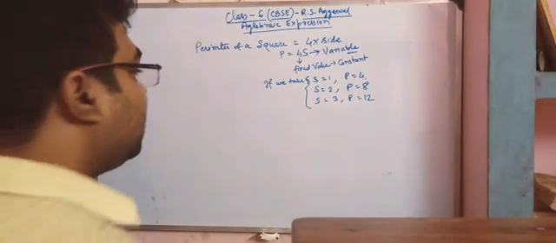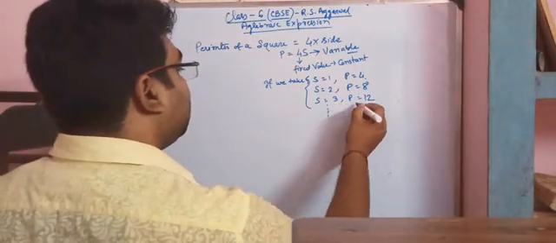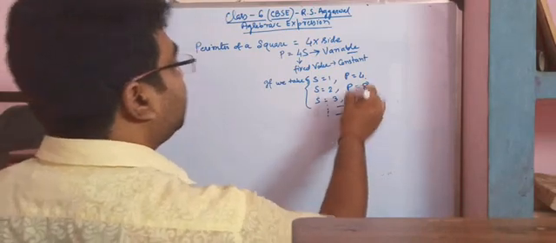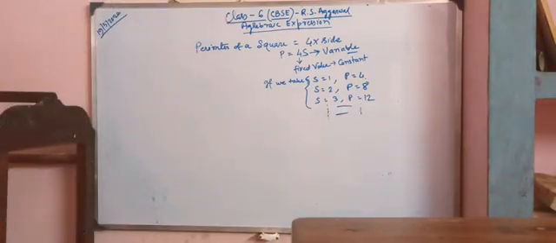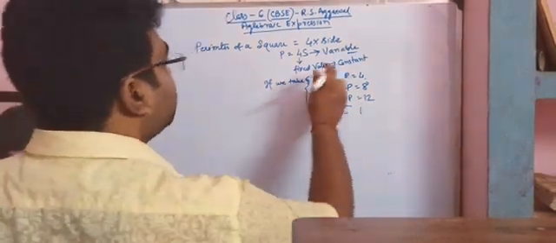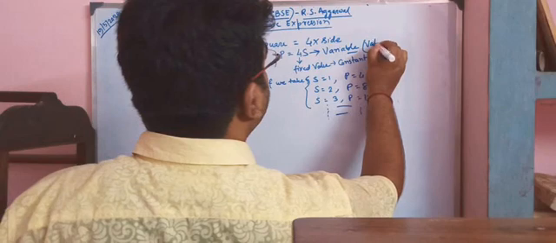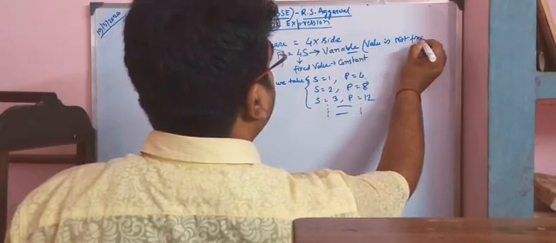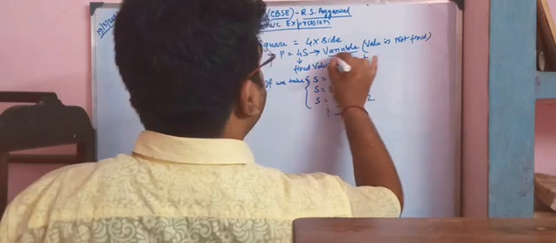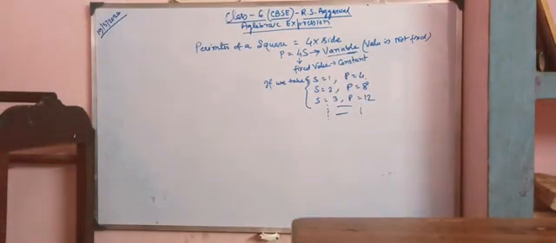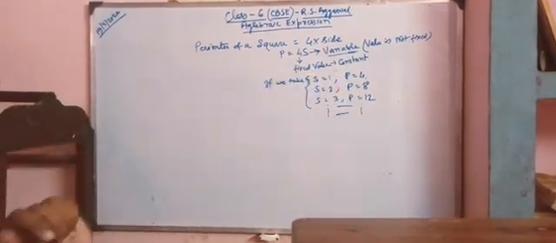Similarly, for another value of s, we get a different value of p, the perimeter. So that's why the value of s is not fixed. That is called a variable, whose value is not fixed, and whose value is fixed, that is called a constant.